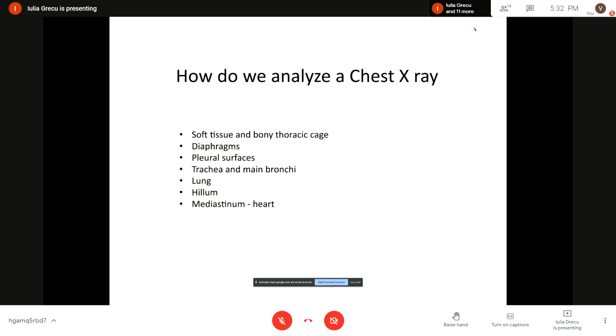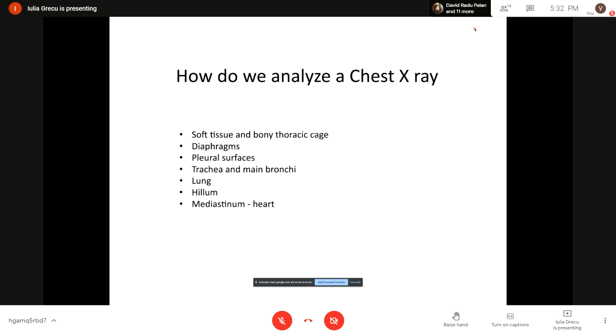Another part of the thoracic cage are the diaphragms, which close it at its inferior aspect. They are muscular structures and have a specific appearance on the chest X-ray. If we go deeper, we find the pleural surfaces, which lie on top of the lungs and beneath the ribs and soft tissue.